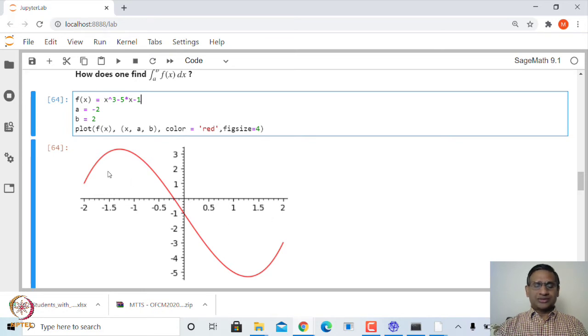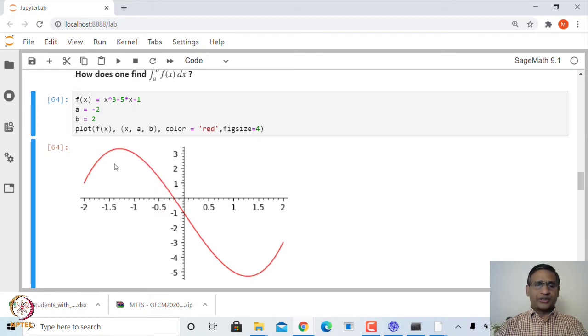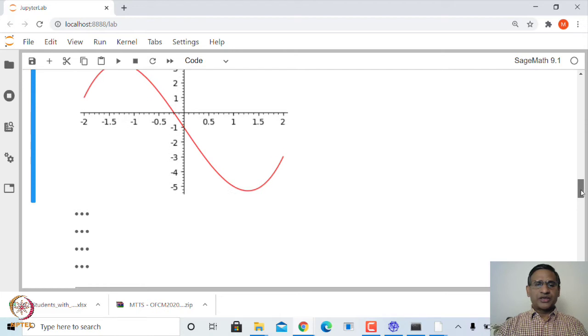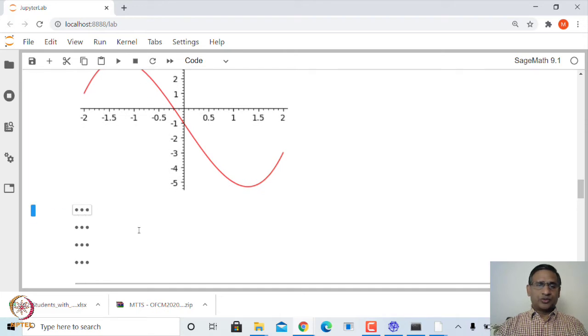Actually, you have to say signed area, because on this side it will be negative. So, the integral can be negative, whereas area is always a non-negative quantity. Therefore, the signed area is nothing but the integral. So, that is what we need to do, right.